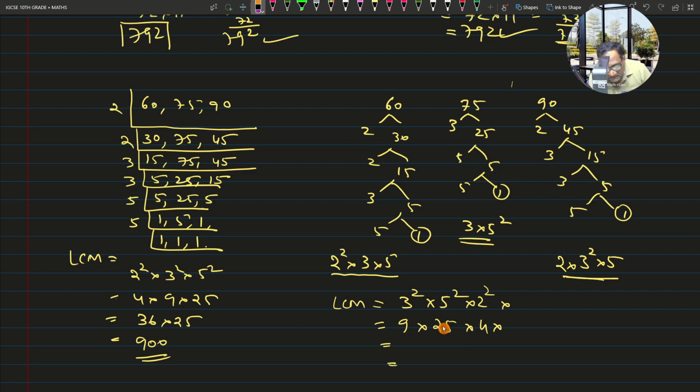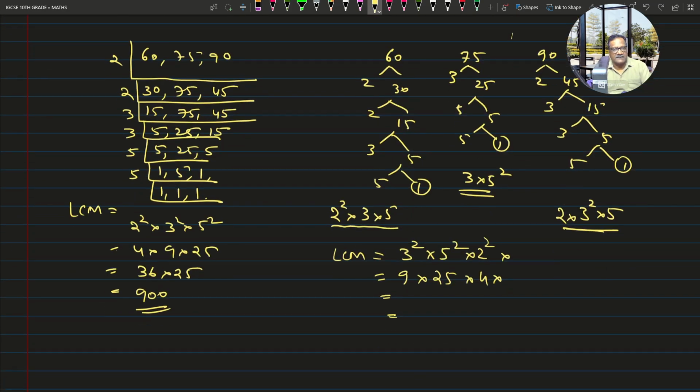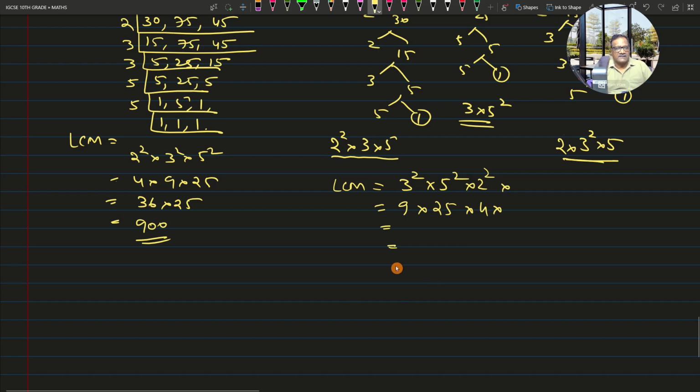Enter, and I'm getting 900. So 9 into 25 into 4 is 900. So the answer happens to be 900, isn't it? So by both the methods, we are getting the answer as 900.